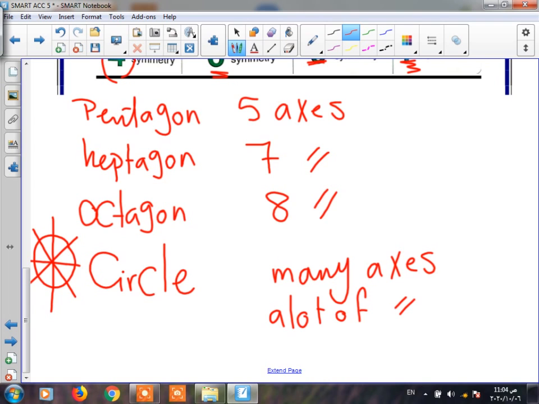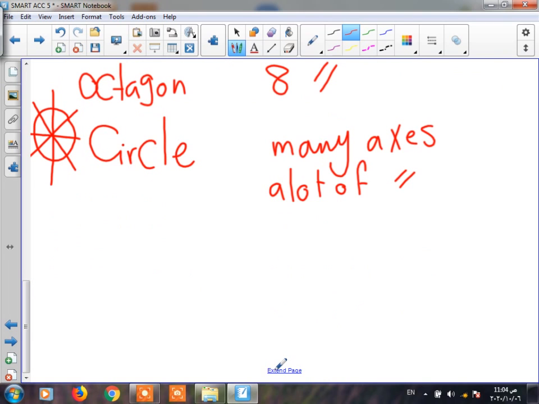Or we will write here the exact answer: infinite axes of symmetry. Here is the correct answer. So the circle we can write many axes of symmetry, a lot of axes of symmetry, but the exact answer we will write infinite axes of symmetry. Okay? Because it comes as a complete.